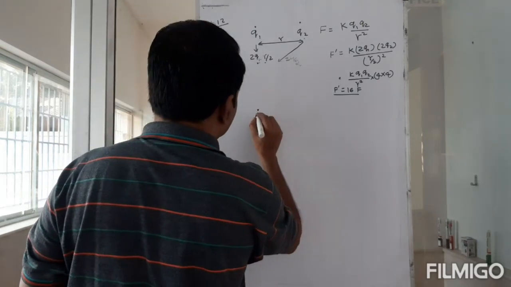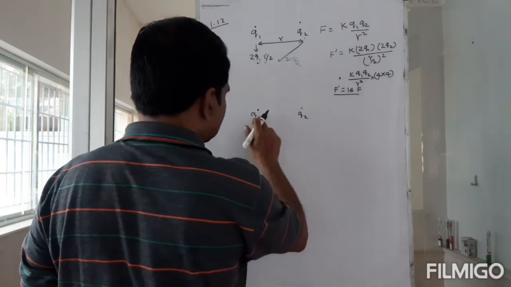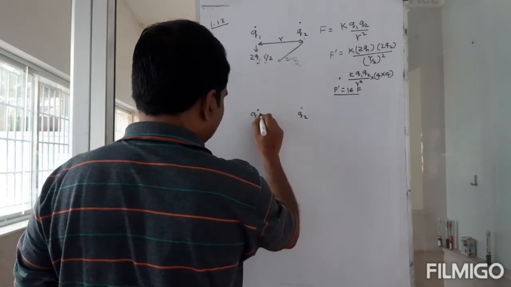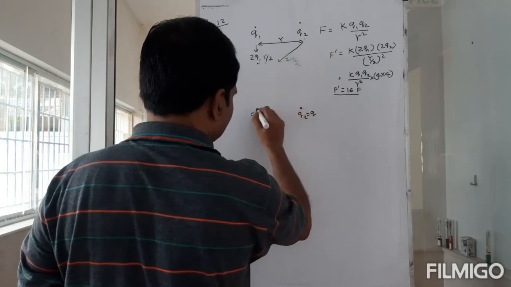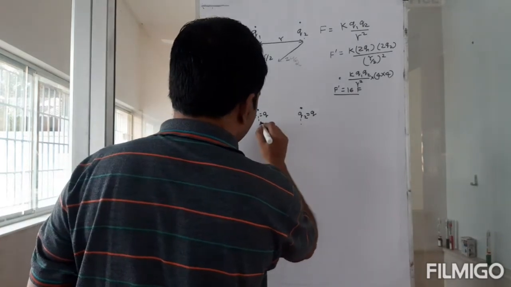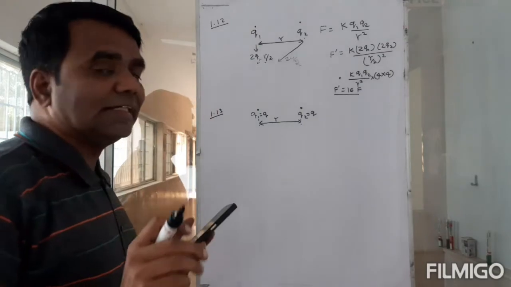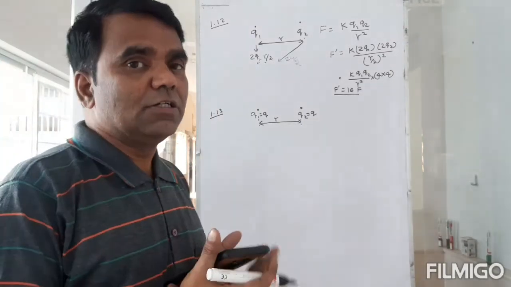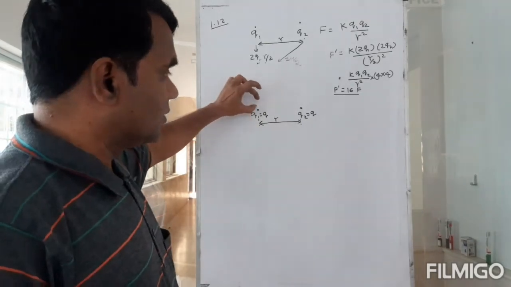Here you have Q1 equal to Q, and Q2 is also equal to Q, equal charges. Now you are bringing in a third sphere of identical size, and you are touching this. Then what will happen?